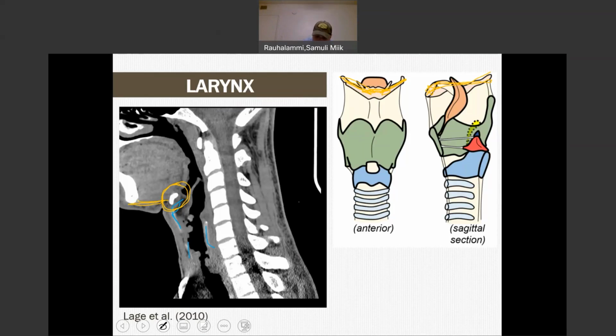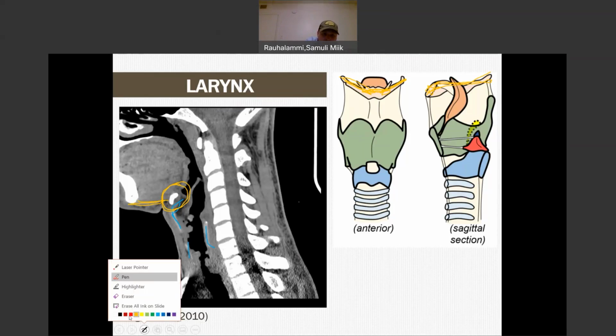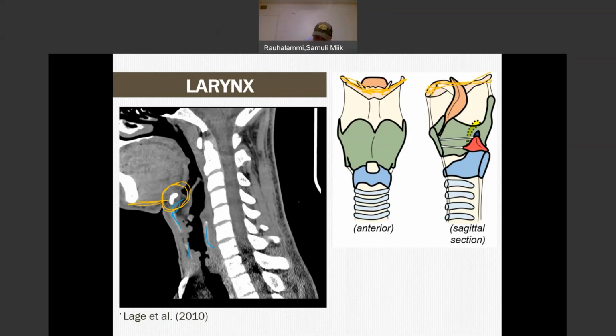If we look at the diagram, let's go through some of the major cartilages that we can see there. So we can see our thyroid cartilage here in kind of a green color from the front, and then when we cut the view halfway, we can see it there as well.